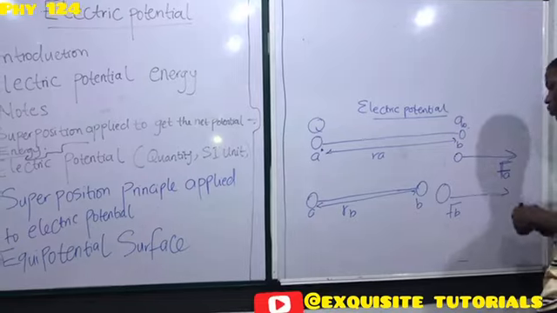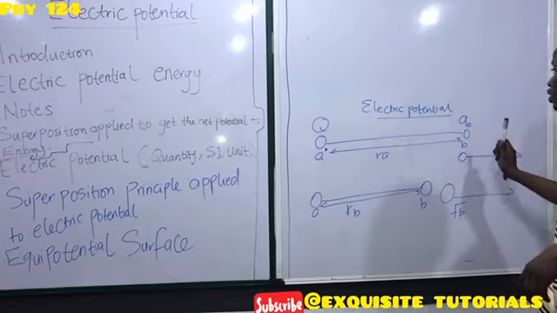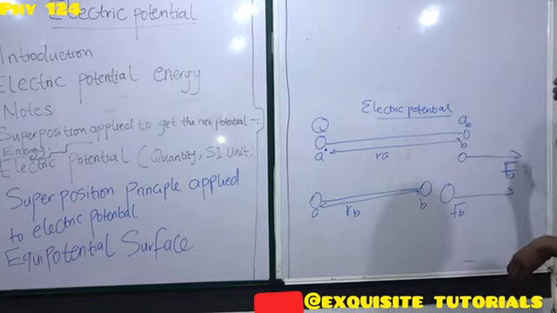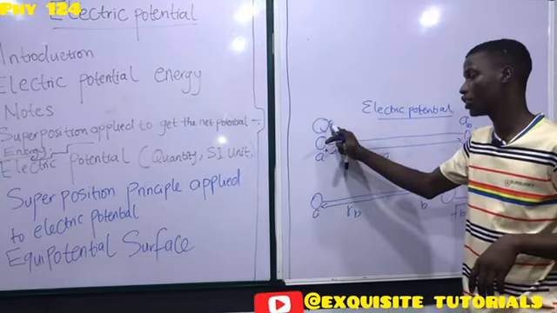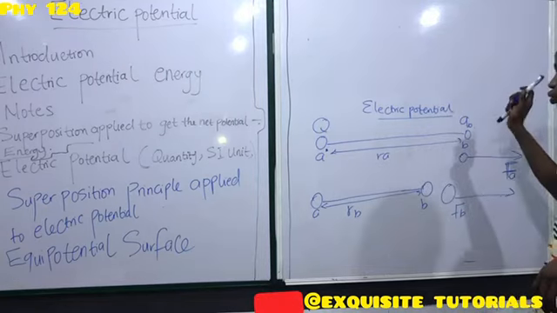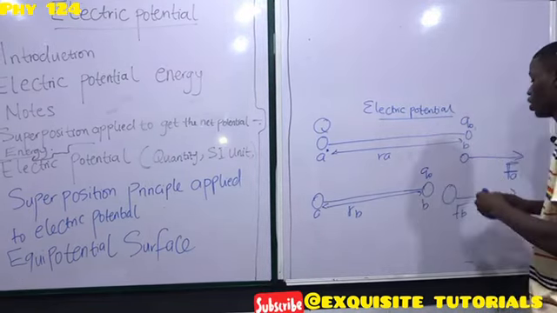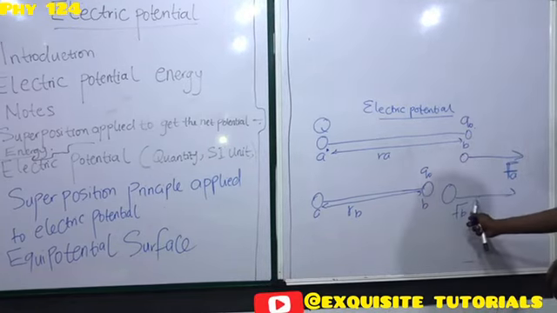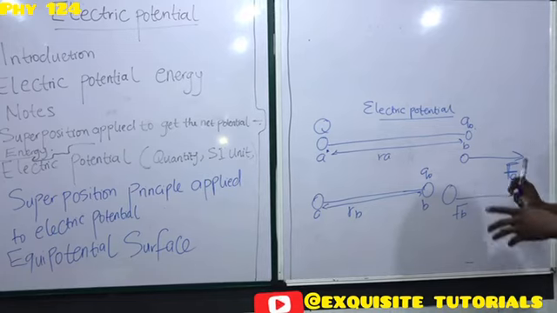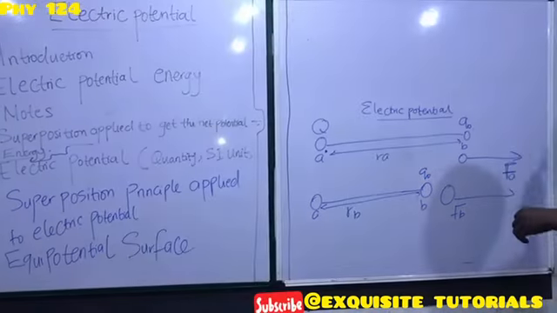Take note, the more the unit charge is brought closer to the reference charge, when the thing is closer, the conservative force is usually stronger than when it's far apart from it.